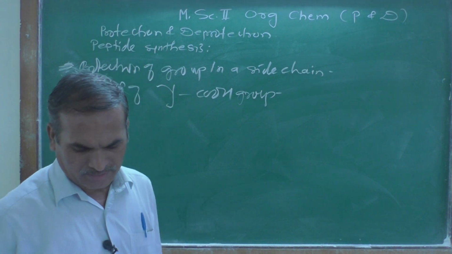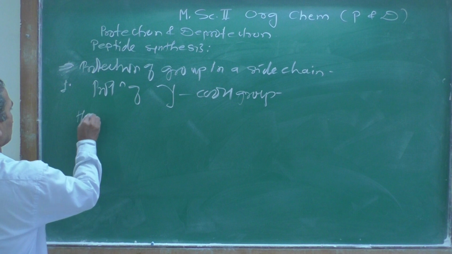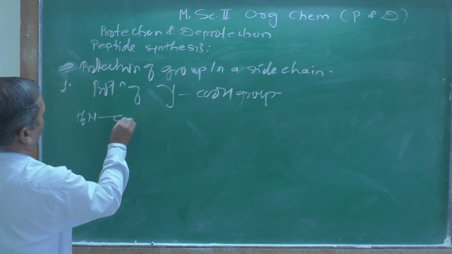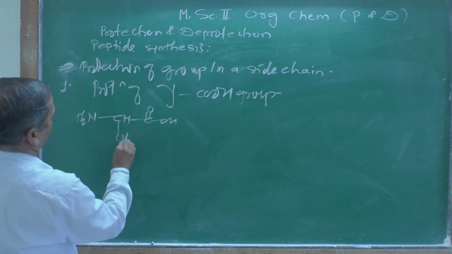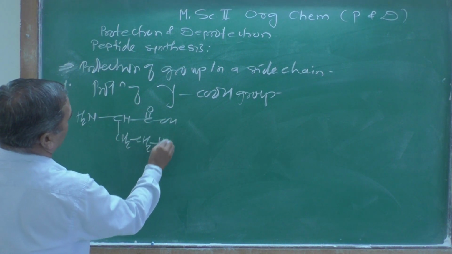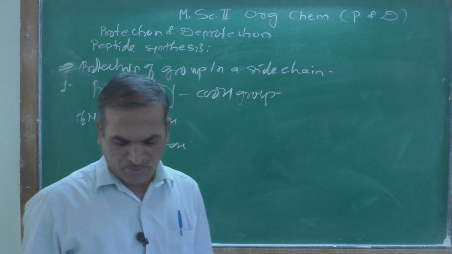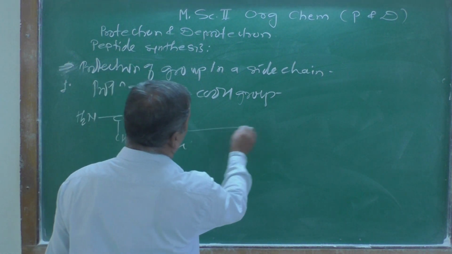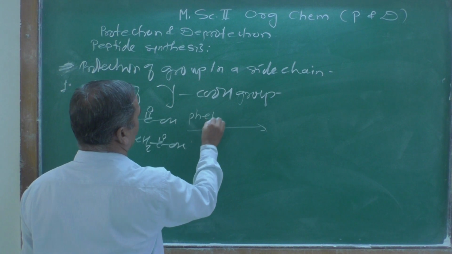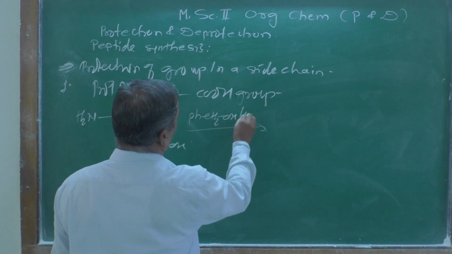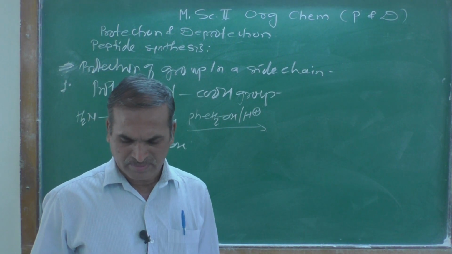Let us see here. First one is aspartic acid. As we know, the structure of aspartic acid is NH2, CH, C double bond O, OH, then CH2, C double bond O, OH. This amino acid can be treated with PhCH2OH, benzyl alcohol, in the presence of acid.